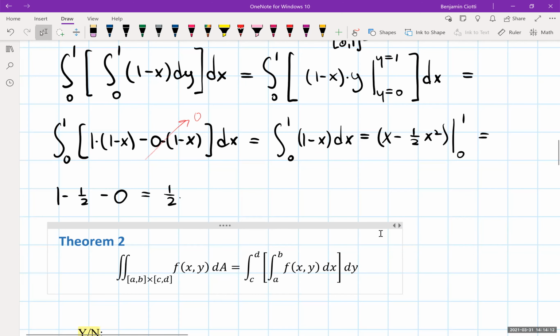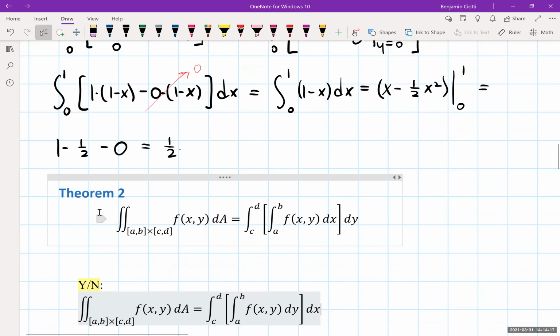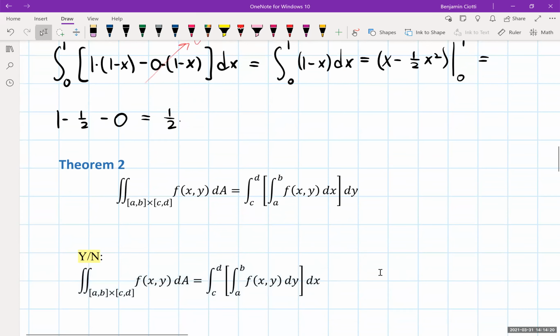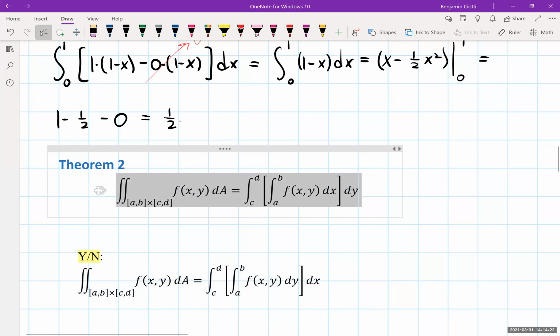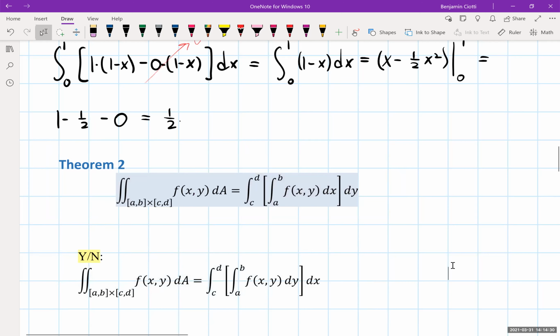So based on that, let me ask the class a yes or no question. Now that we've seen these two theorems, here's my question: is it true if I took the formula above and I interchanged the dx with the dy?